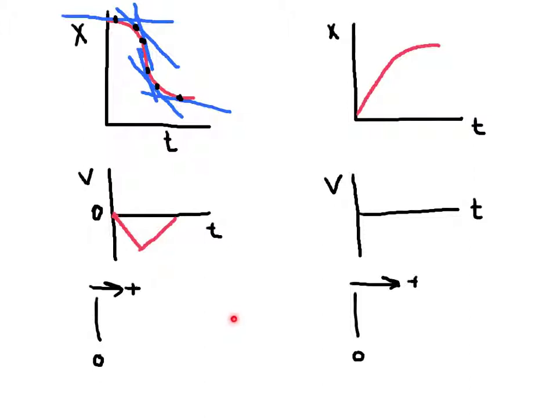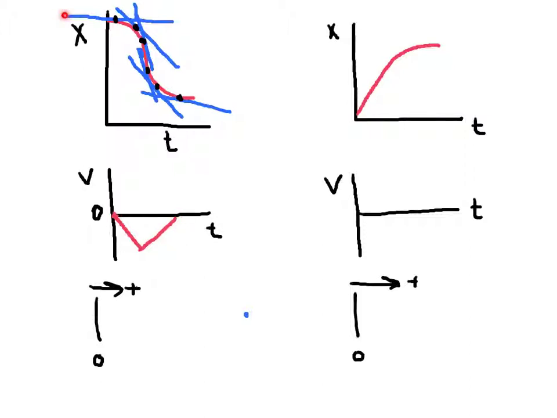So that means the object is over here, not at 0, but at a large positive position. So there's the object, and we see that these are negative velocities, and you'll notice they're small at the beginning, they get large, and then they get small again.